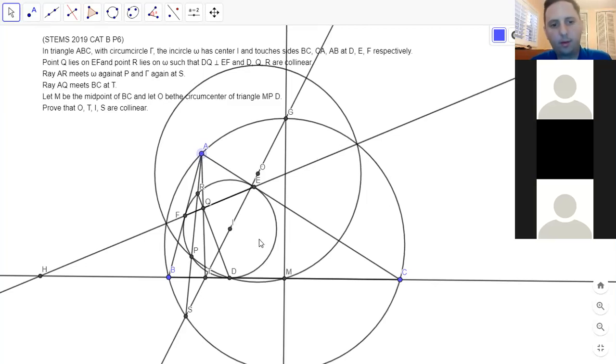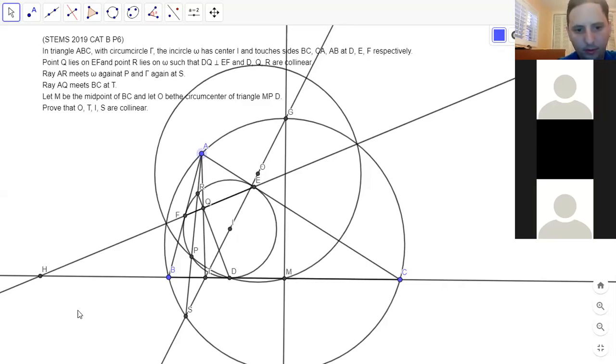Obviously I lies on the perpendicular bisector of PD. Can we show that S or T lies on it? That would be the same as saying that TP is tangent to the incircle.